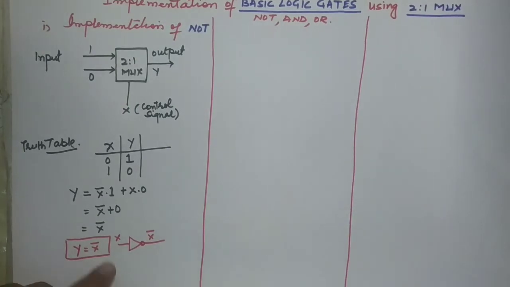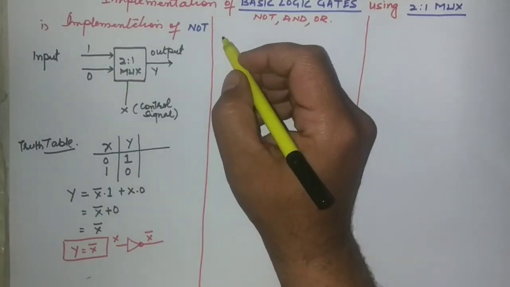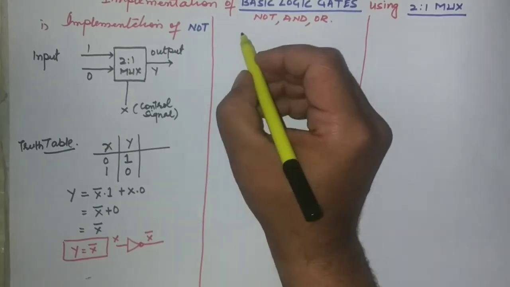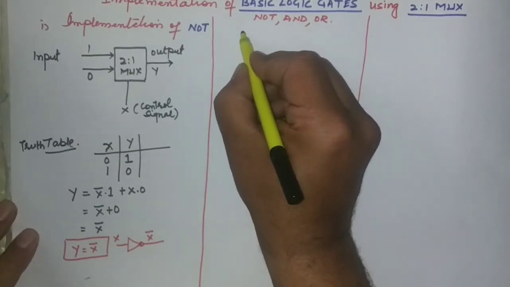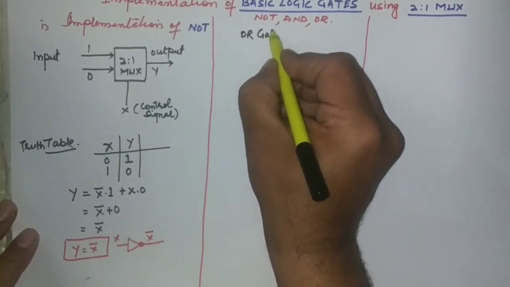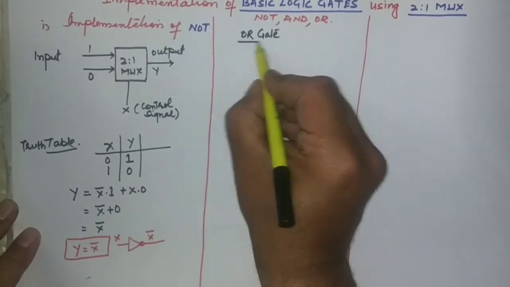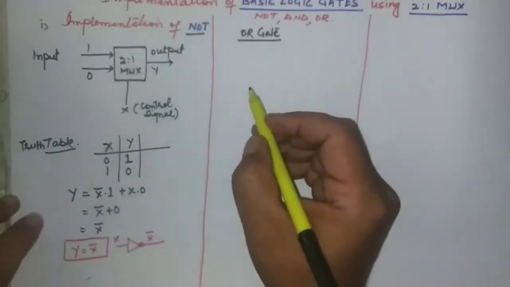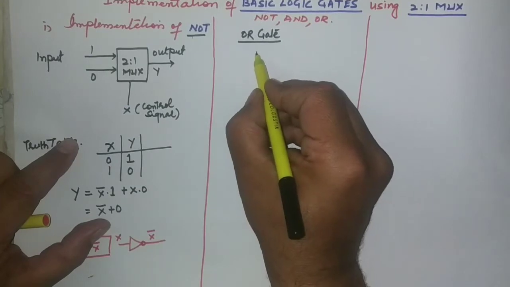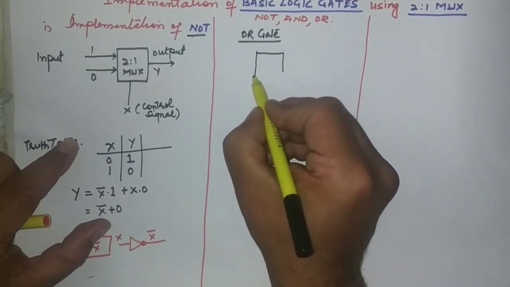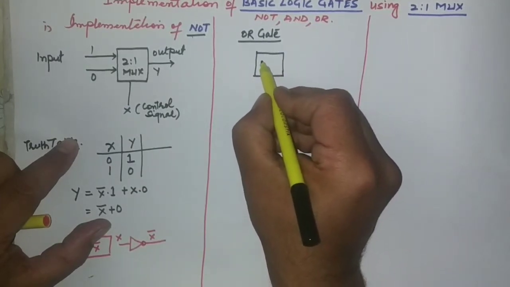Same way we will implement the OR gate. So now we will write it for an OR gate. This is for NOT. Again, this is one multiplexer, 2 to 1.